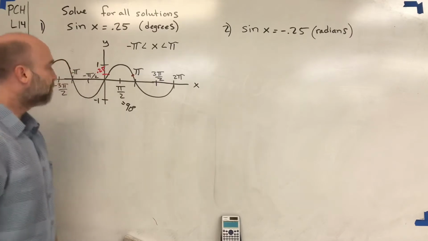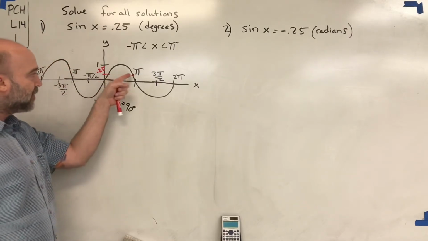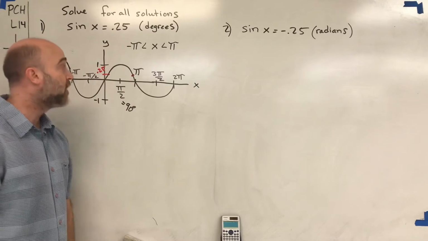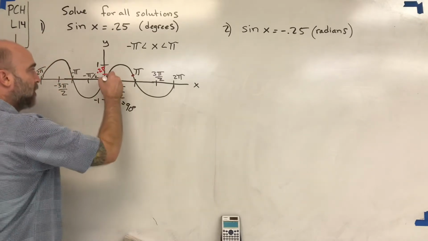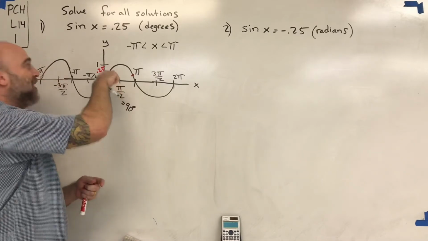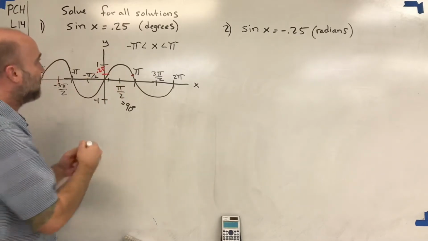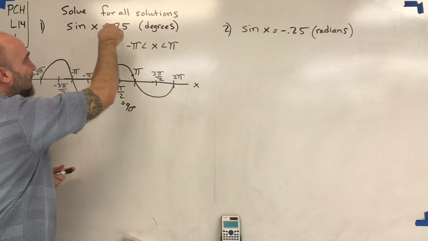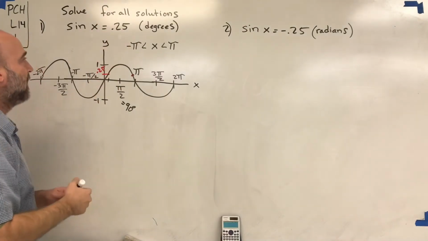That means these two little dots that I found are the ones that we really want to focus on. I'm looking for the input that gives me that output. So I'm looking for what x gives me the output of 0.25.